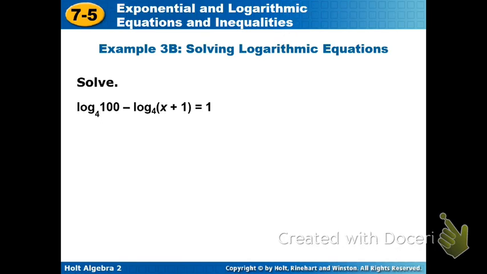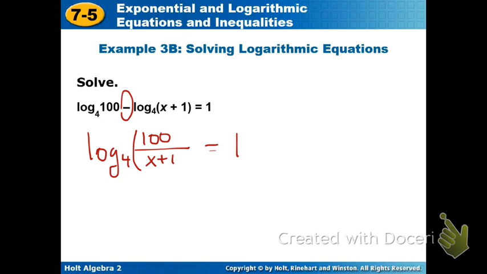You have log base 4 and you have subtraction. How are you going to bring those together? Division. So that would be log base 4 of 100 divided by the x plus 1. If you want to, you can put it in parentheses.